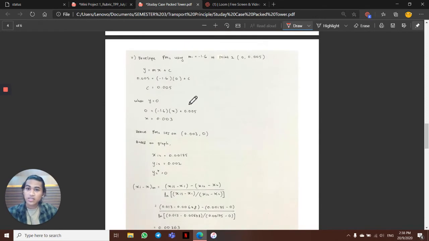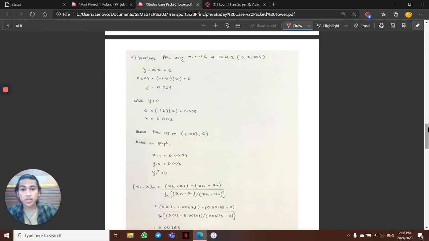Okay, next we have to develop PM2. We develop another slope in the graph by using the information of the first slope, which is M1, and 0.2 for the equilibrium line. So first of all, just use the simple equation y = mx + c.